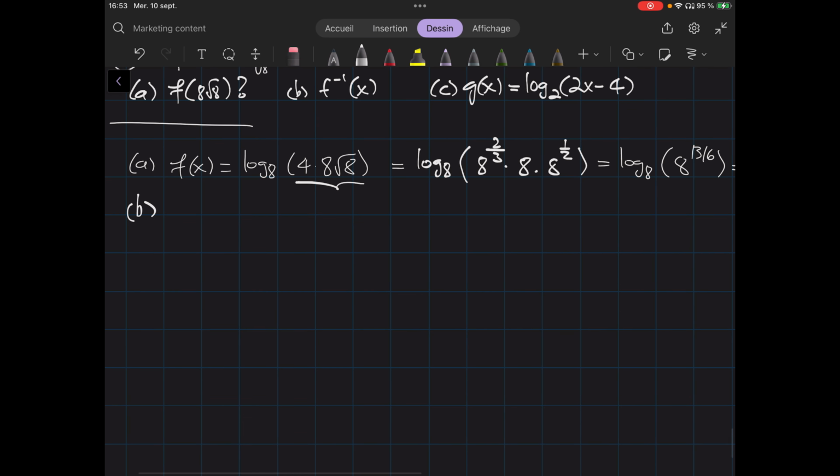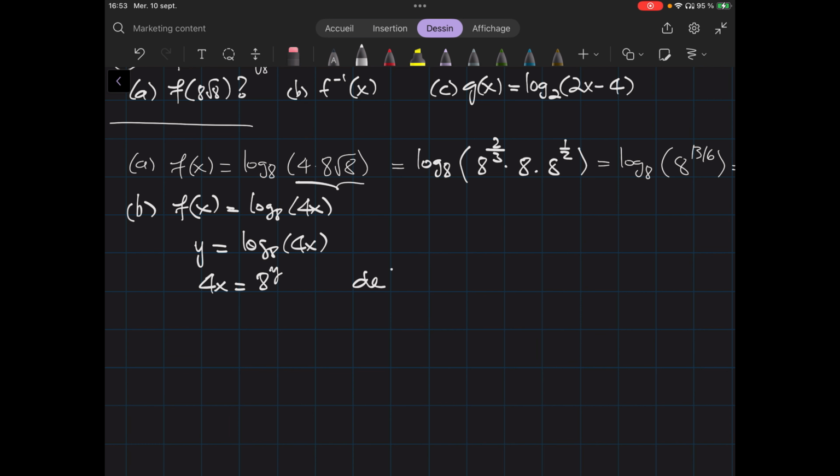In part B, you are asked to find an expression for the inverse of f. So let's start off by writing out f again. To find the inverse, first you need to find x in terms of y. So 4x is equal to 8 to the y using definition of logarithms.